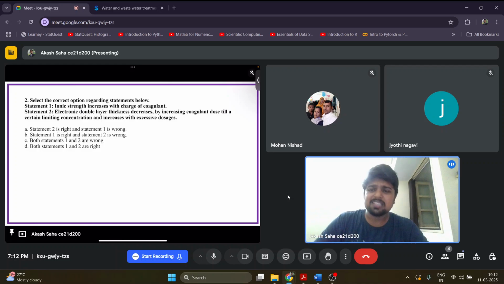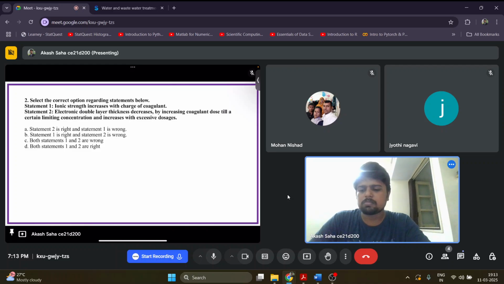Now the next point is ionic strength increases with charge of a coagulant. The higher the charge, the more ionic strength it provides to any molecule. So that is a direct relationship, so that is true.